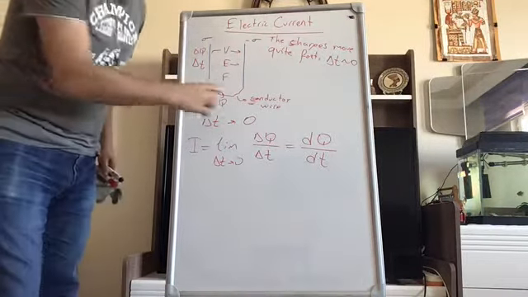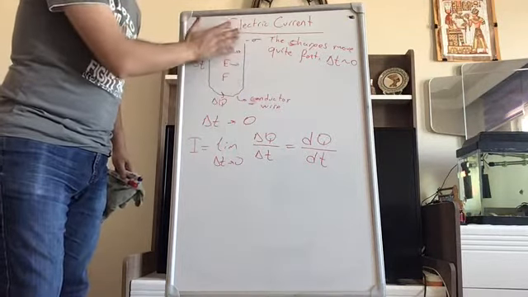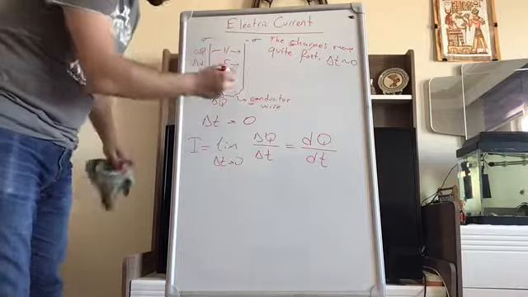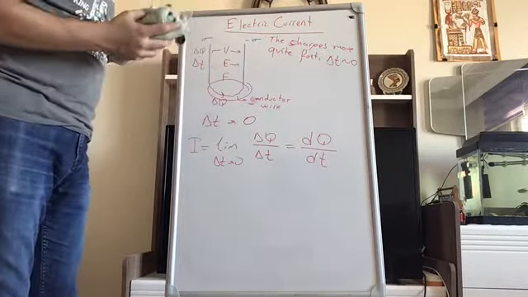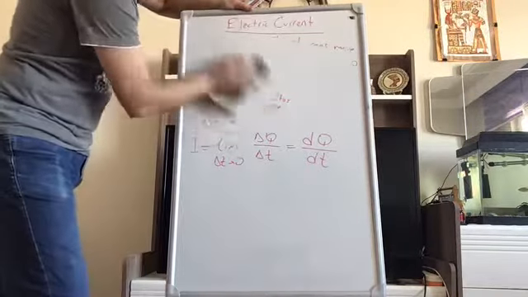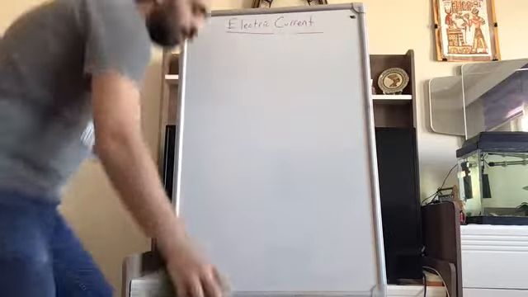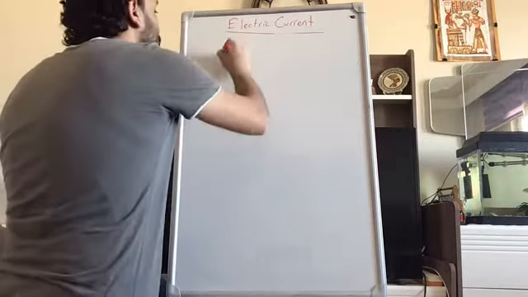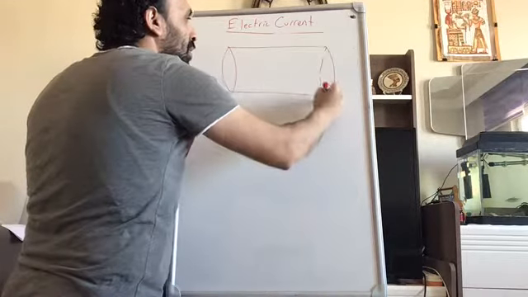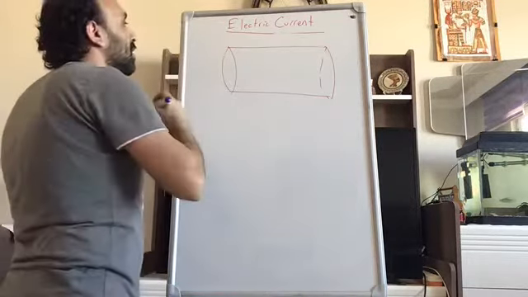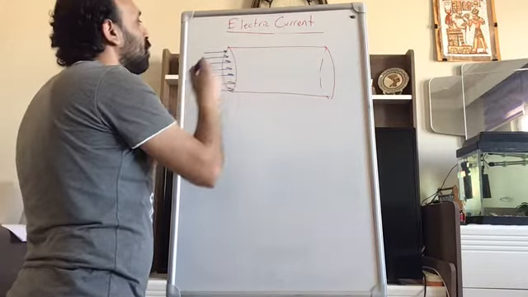Now, in this part, we are going to focus on what is happening here. We already discussed this part, but now we are going to discuss what is happening when the charges are moving through a material, a conductor wire here. Okay, so let me draw the wire bigger. Okay, this is our wire, and these are our electrons moving.